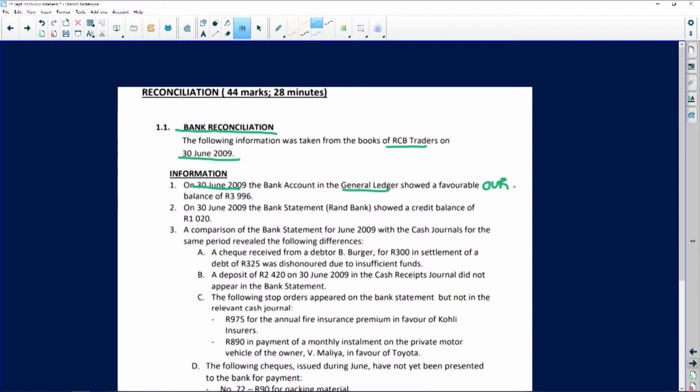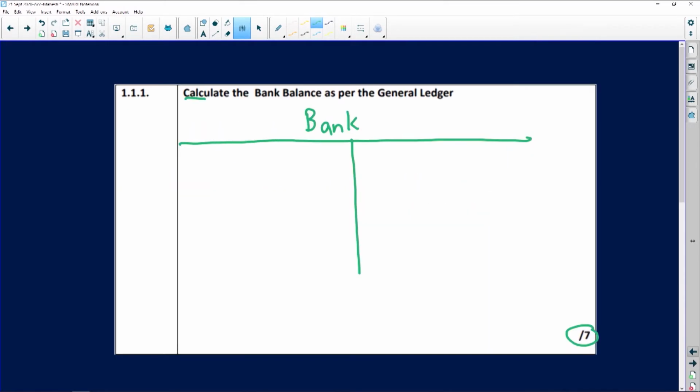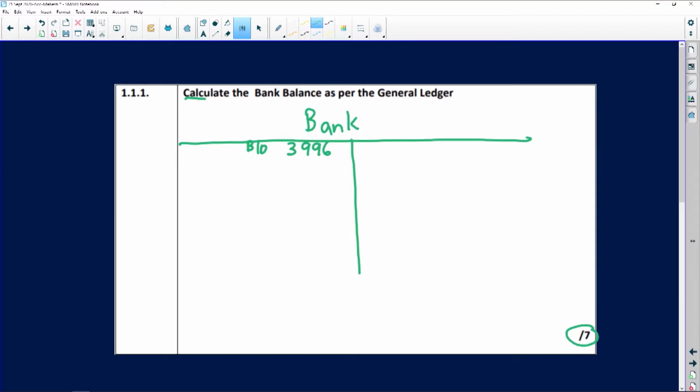Remember what I said earlier, I am going to do a ledger account. So on the debit side, I am bringing down a balance of 3,996. Now remember, if you chose to do a sum, you would start off with a positive 3,996, a favorable balance in our general ledger.